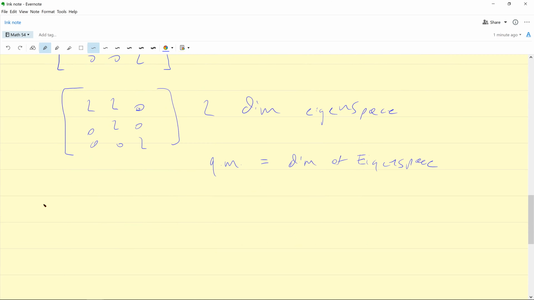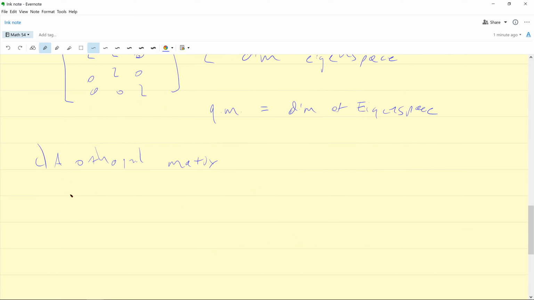Cool. Any other questions about diagonalizability? Does anyone have an answer for C? I'm guessing it's true, but I'm not sure. An orthogonal matrix has n pivots in reduced row echelon form.